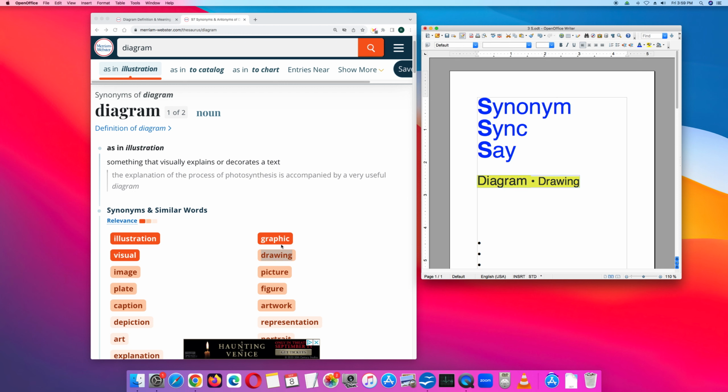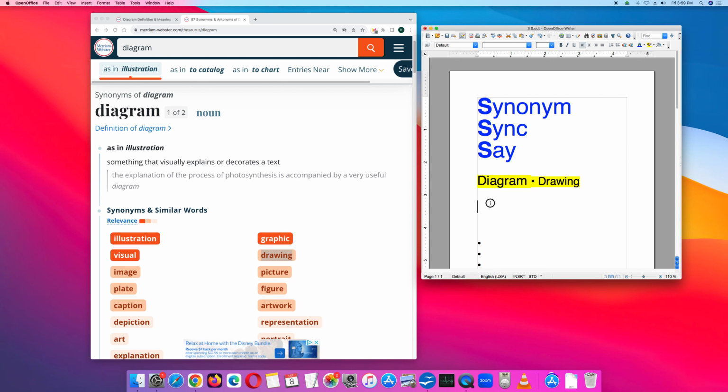Or how about graphic design? Anyway, let's go with illustration. And make sure you know how to pronounce that word too.